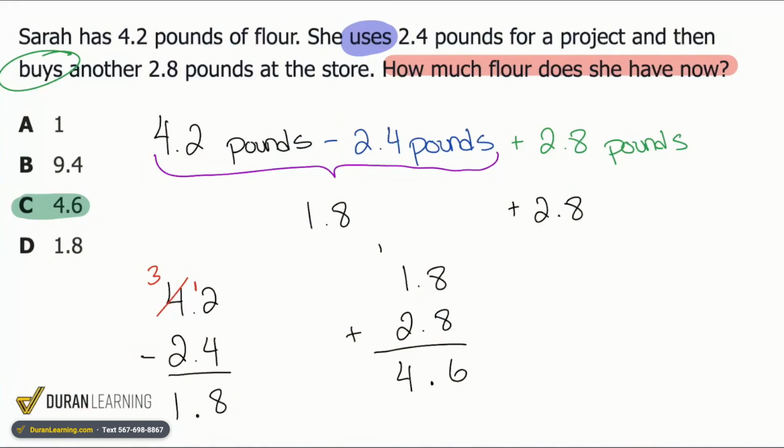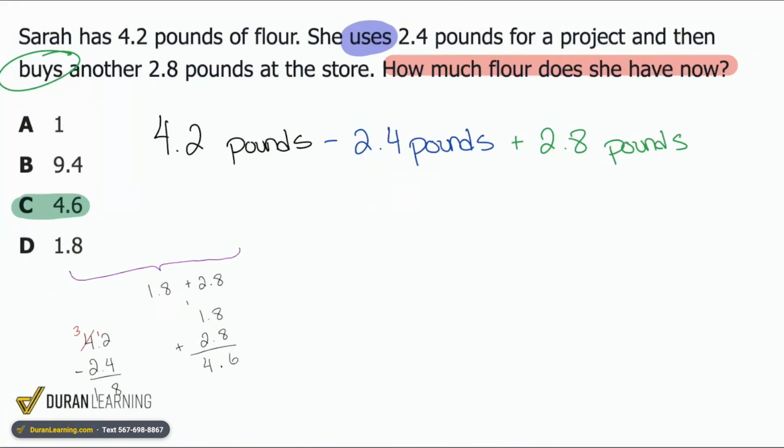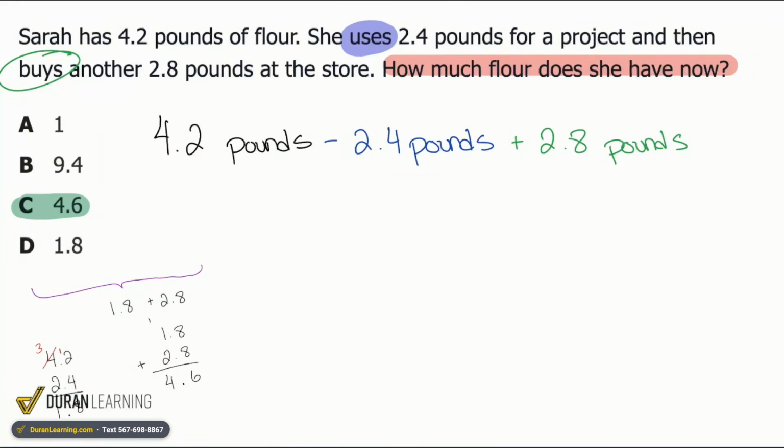Let me just rewrite the original math, and I'll show you how straightforward it can actually be. So let me just move this over here and just kind of make everything smaller from what I originally had it. There we go. Put that over there. And so let me show you, everybody. We have 4.2 minus 2.4 plus 2.8. Everybody, watch this. Help me out.